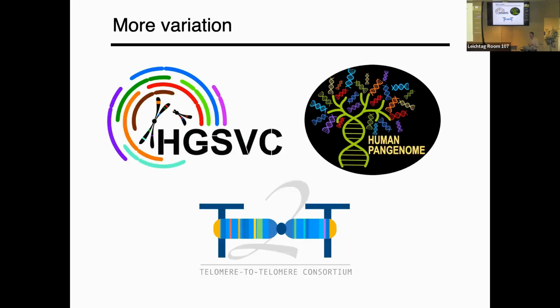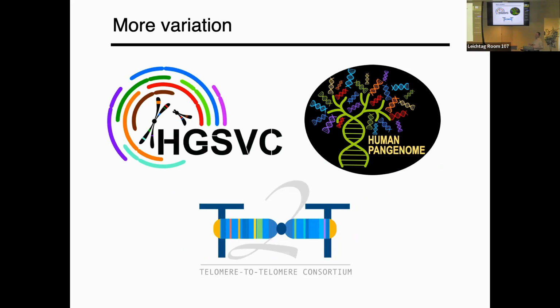HGSVC, which is the Human Genome Structural Variation Consortium, the Human Pangenome Reference Consortium, which I'm sure Dr. Paten talked about, T2T, which was the consortium that did the recent gapless or mostly gapless assembly of the human genome. And so it seems a shame, as time goes on and we have more resources like this, that we're not using this somehow in our day-to-day reference genomes.